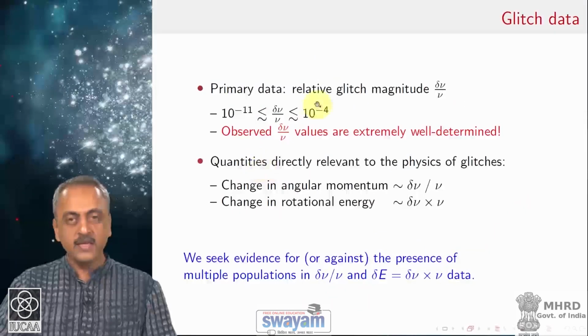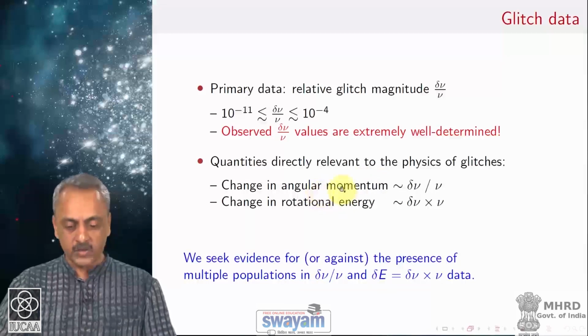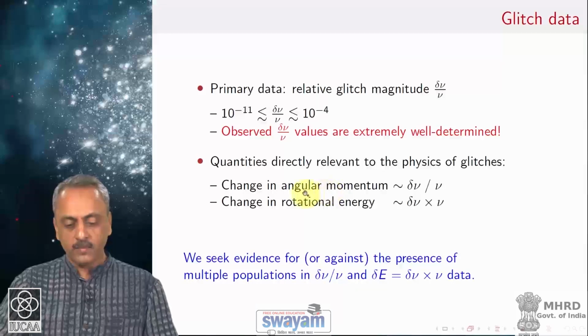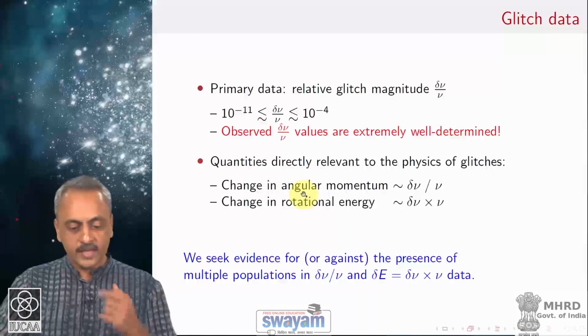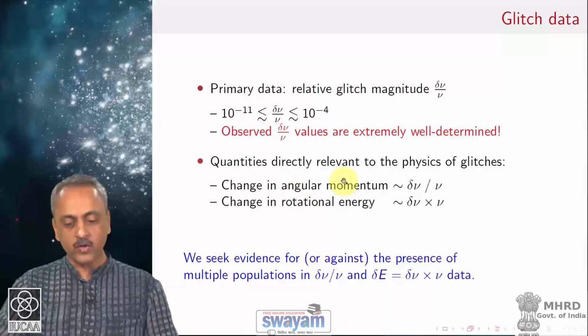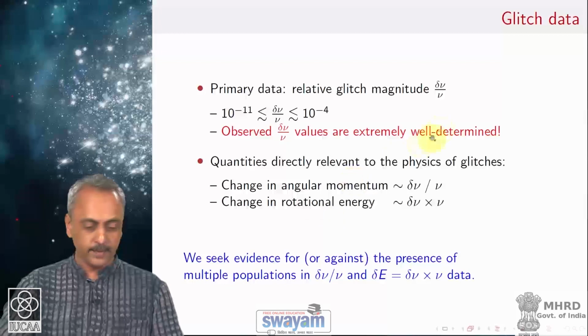The other thing is that the two histograms that were plotted are two fundamental physical quantities. For example, delta nu by nu can be shown to be related to the change in the angular momentum of the neutron spinning object, and delta nu times nu is related to the rotational energy of the object.